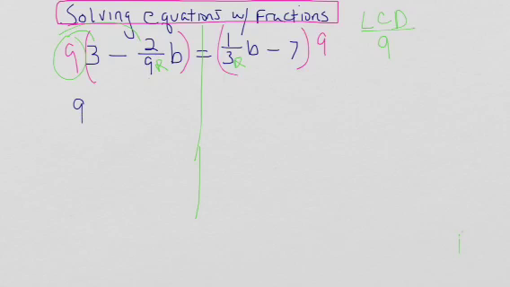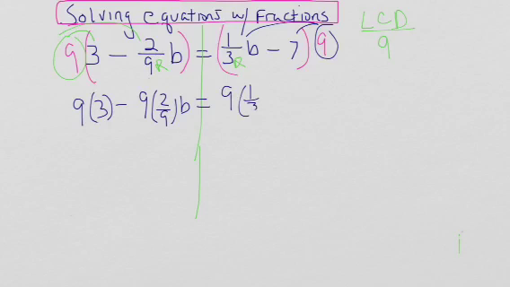So I'm going to take 9 times 3 minus 9 times 2/9 times b. I still have my equal sign. And then likewise over here, I got to give everybody some love. So I got to multiply 9 by everything on the right-hand side. So I take 9 times 1/3 times b minus 9 times 7.